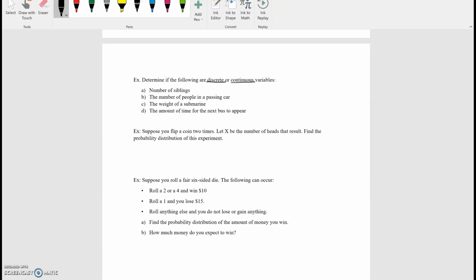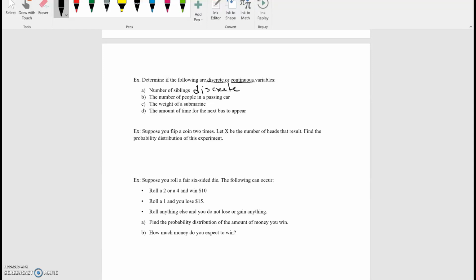But if I know that it's only going to be whole quantities, then it has to be discrete. So if we think of number of siblings, can I have half a sibling or a third of a sibling or 1.5 siblings or 1.7 siblings? Not really. So in this case, this would be a discrete random variable. So it's discrete.